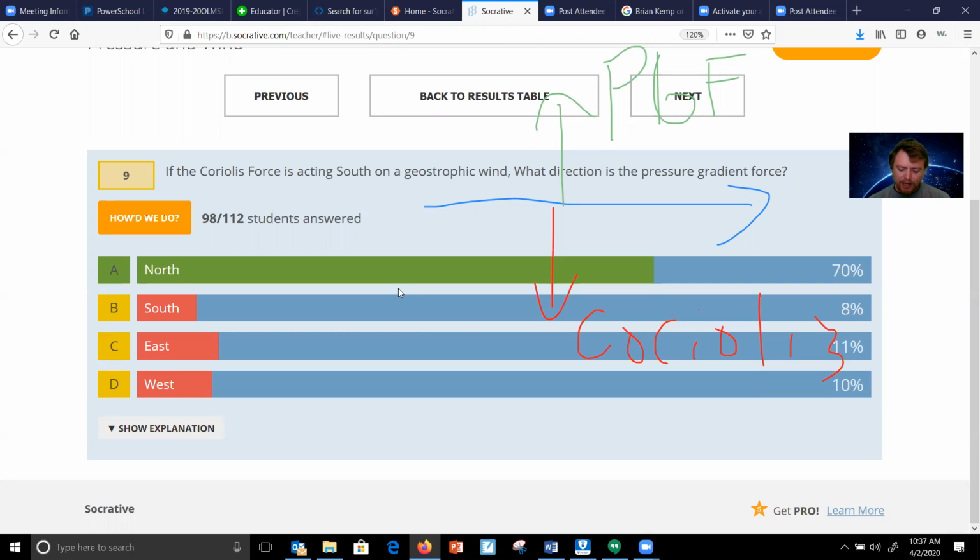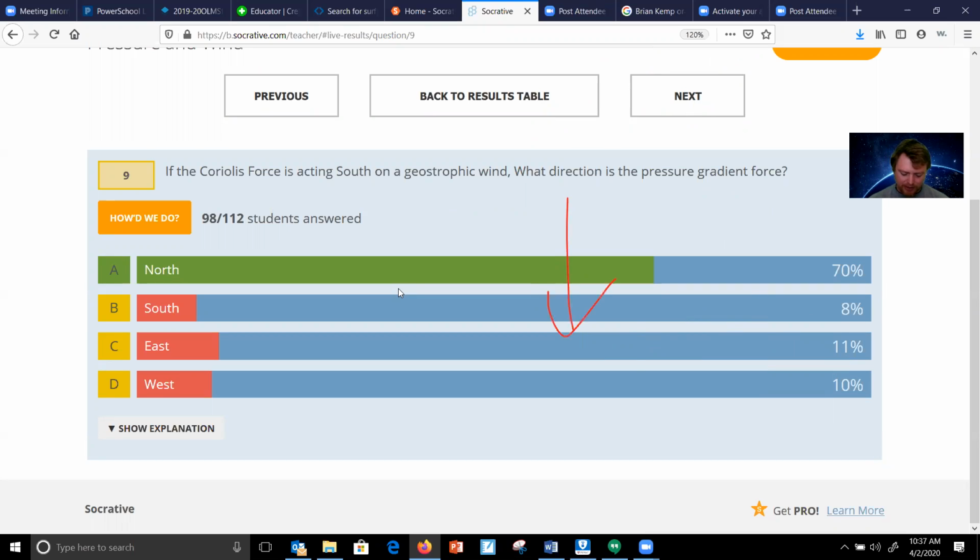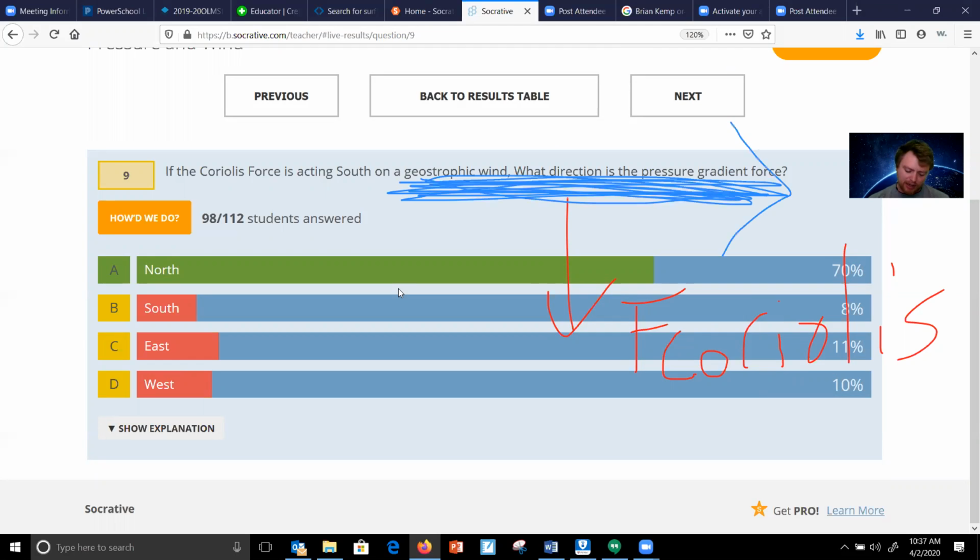So, for example, we could say, all right, well, let's just see. I've got my Coriolis force, and what I want to do is try and figure out what direction my wind is. Well, one, you know that it acts at a right angle, right? So you at least know that the wind is going to be somewhere along this line. But the question is, is it headed this way to the right, towards the east, or is it headed this way towards the west?